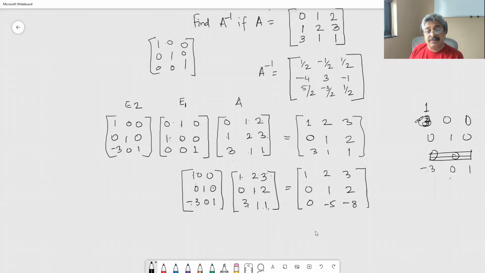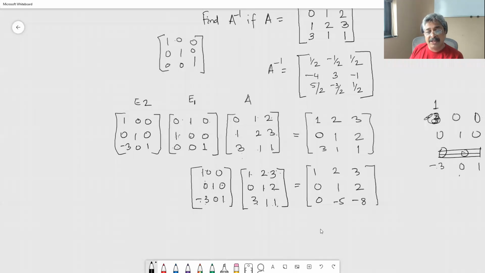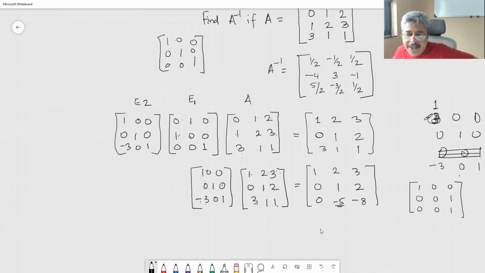So we got 1, 0, 0 in place. Fortunately, our second pivot is also ready. Now we want to make this minus 5 zero. In the identity matrix, the third row is 0, 0, 1. To make this entry 0, multiply row number 2 by 5 and add.